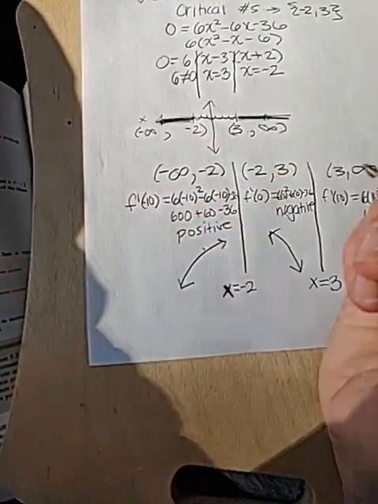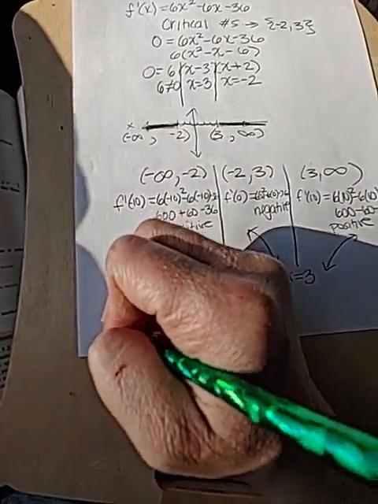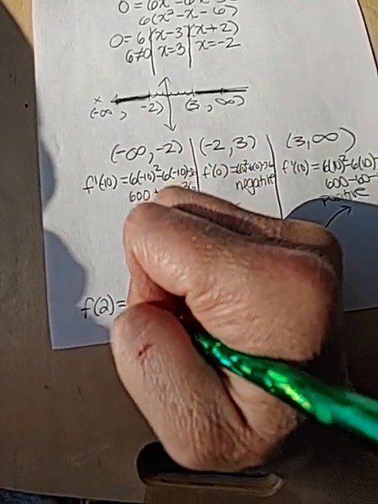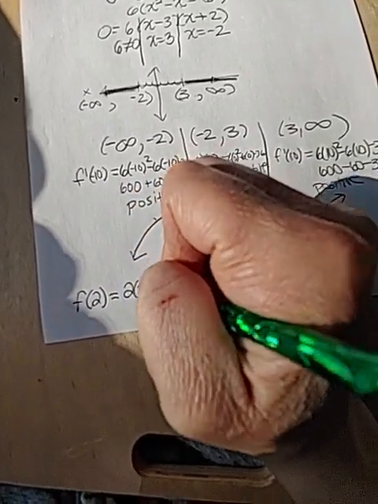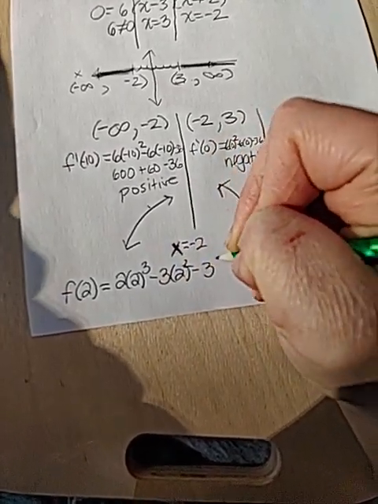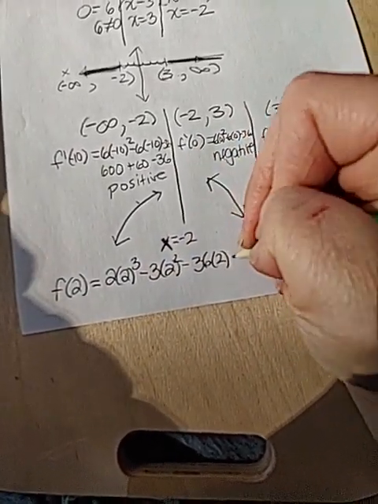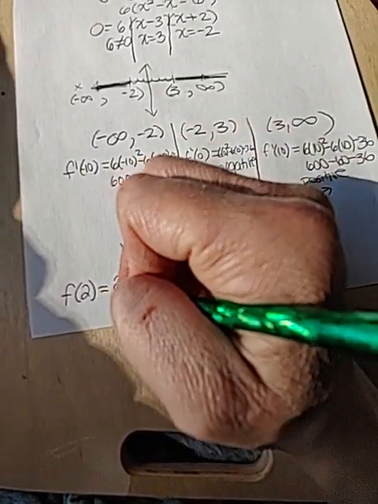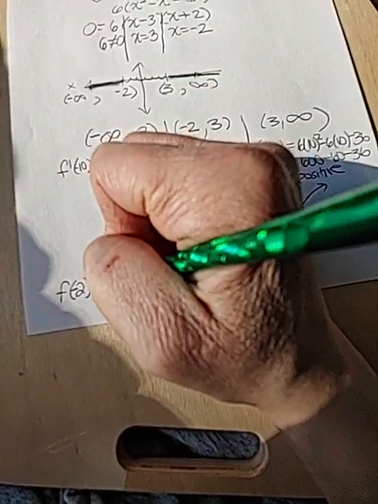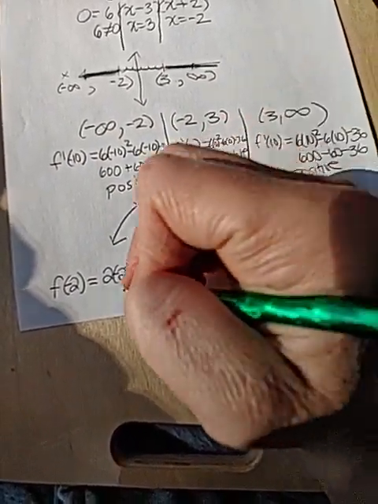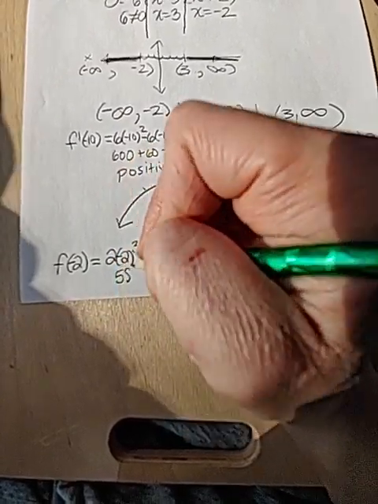So if I evaluate on the original function, f of negative 2, this is the original function again. When I plug in negative 2, I'm going to get 58.